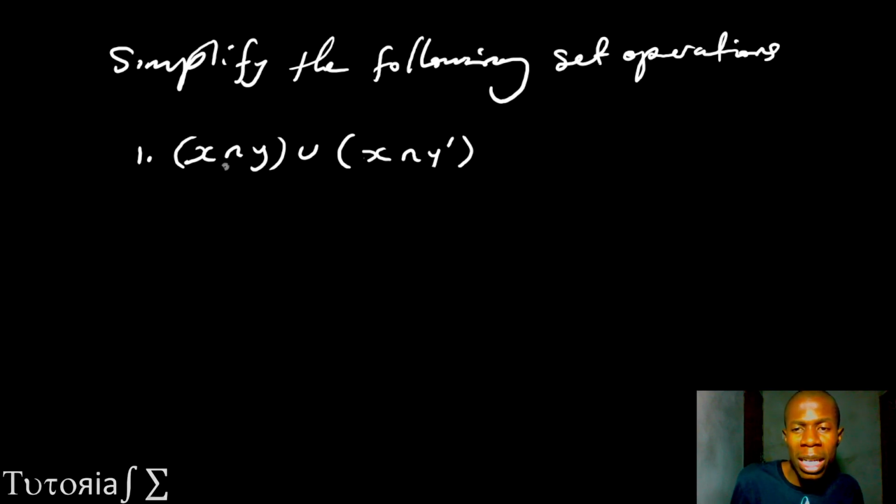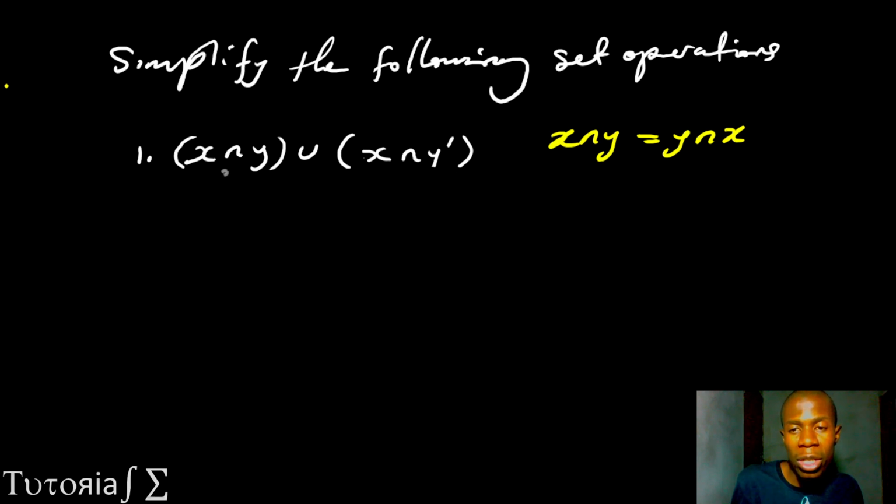Now, what you should know is that x intersection y is the same thing as y intersection x. So you should know this. Then here what we can use is the distributive property.